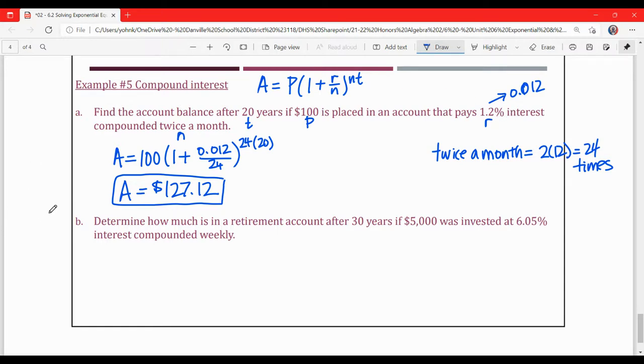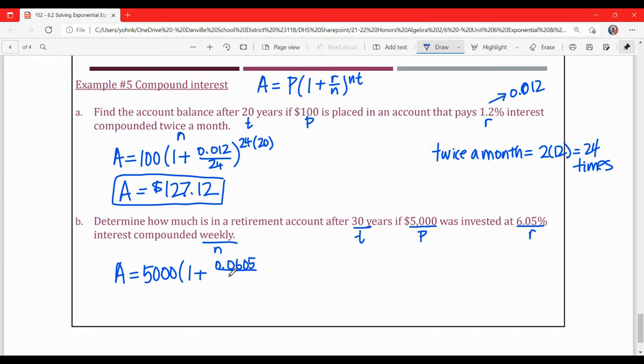Okay, letter B: determine how much is in a retirement account after 30 years, that's your t. If $5,000, that's your P, was invested at 6.05%, that's your r, compounded weekly, that's your n. So if we do the math, A equals the principal 5,000 times 1 plus my r value, which is 0.0605.